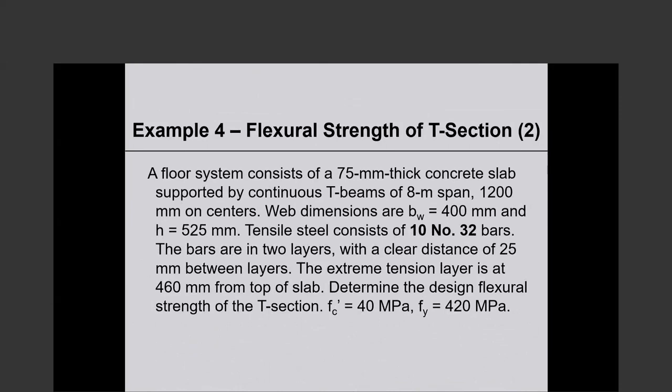I have the rest of this example to go, where the stress block depth will be larger than the flange thickness. So that will force us to do T-beam analysis, as we call it. And then I have design versus analysis.